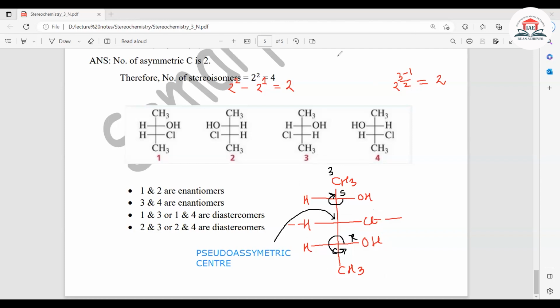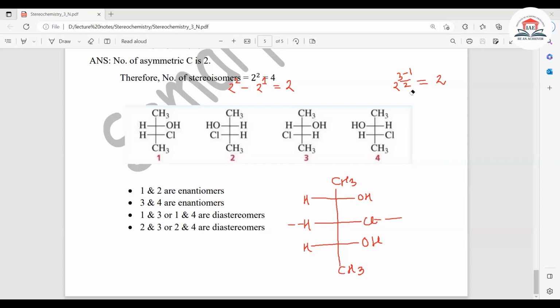Note down this molecule and try to draw the different isomers. As I already told you, there will be 4 isomers: 2 will be meso and 2 will be active. This is the meso form, because there is a plane of symmetry. If you take a mirror image of this molecule, that will be another meso form. So you get 2 meso structures from this part.